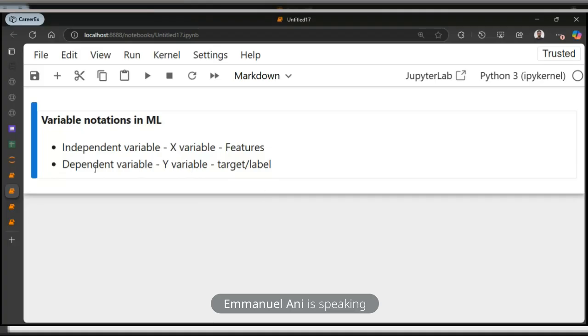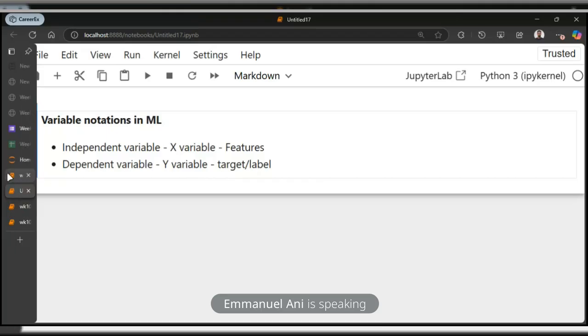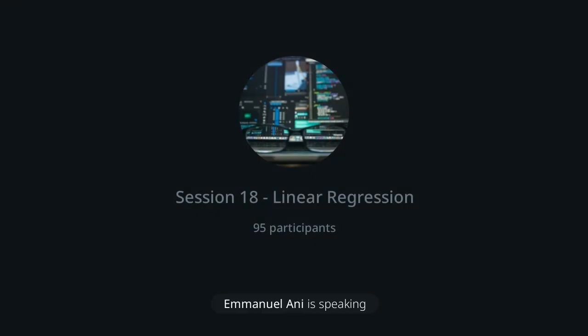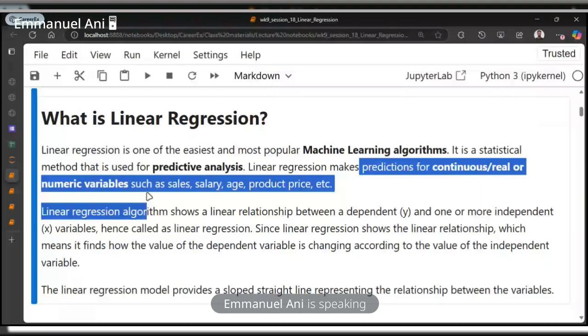All right, so these are the things you need to know when it comes to your data set for machine learning. You have to know which of your variables is your independent variable and which is your dependent variable. And the data type of your variable will determine the kind of algorithm that would be used. So in linear regression, we saw that it is used to make predictions for continuous or numerical variables.